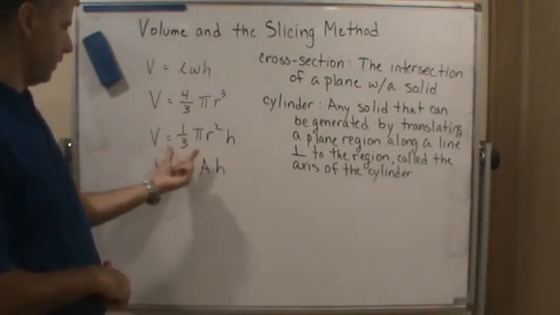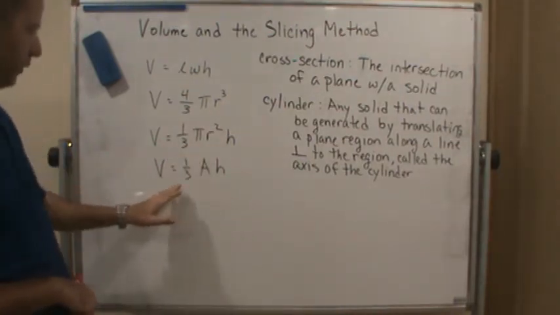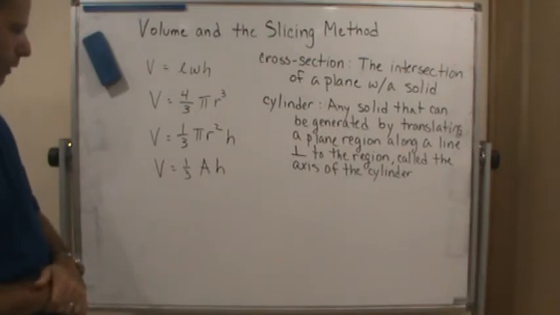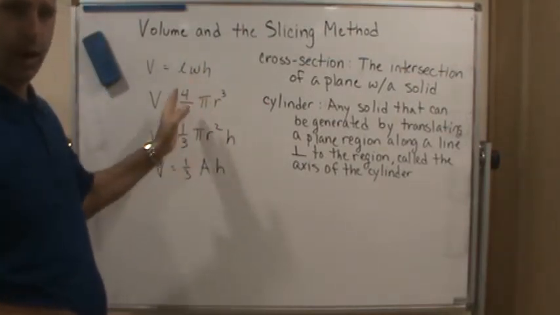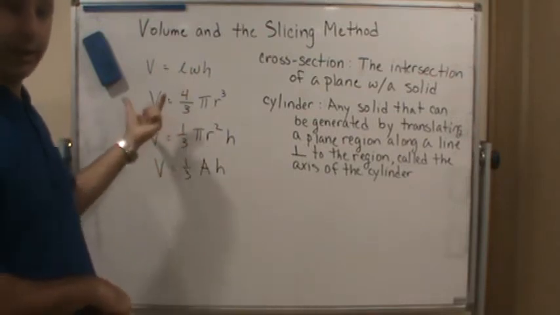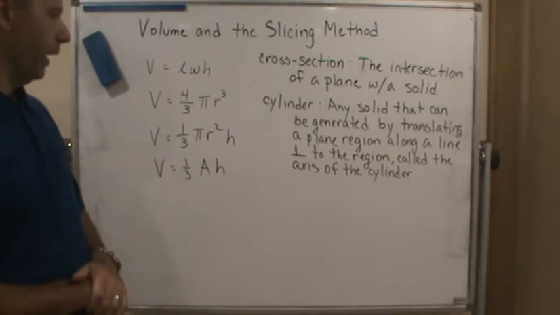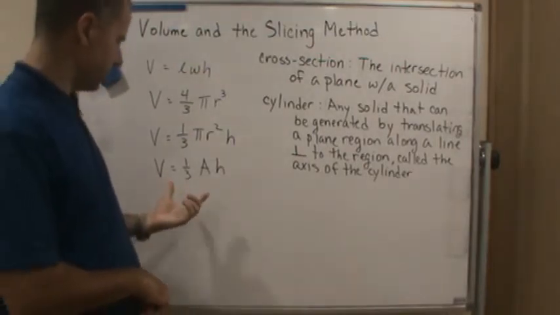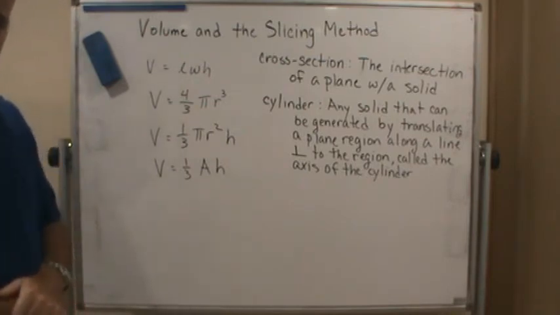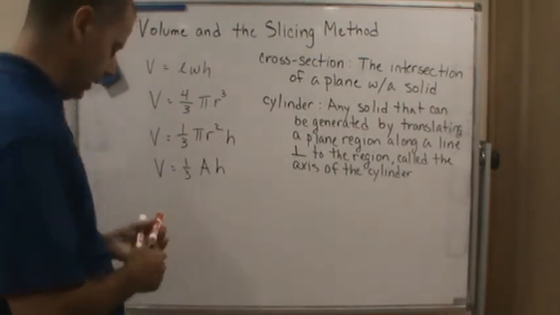And then this is the volume of a cone. And this is the formula for the volume of a pyramid. Even though a lot of these have been derived from geometry, we can get the same results by using integration.